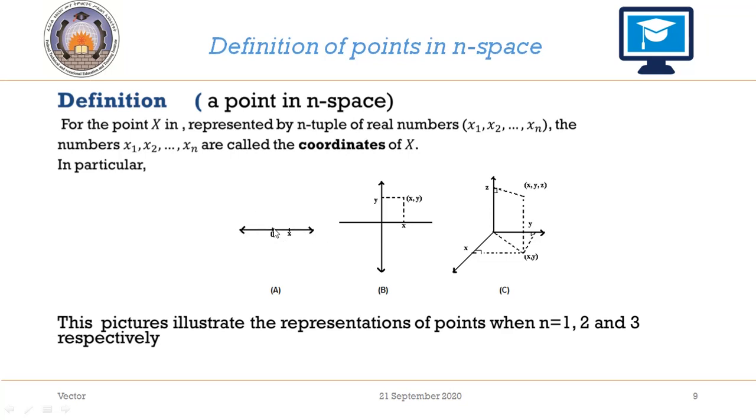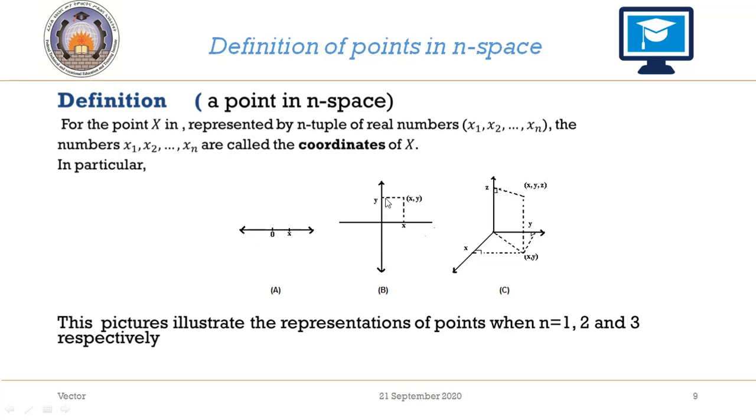This number line has two parts, a positive part and a negative part. Based on the value of x, the point is plotted in the right direction when it has a positive value, or in the left direction when it has a negative value.